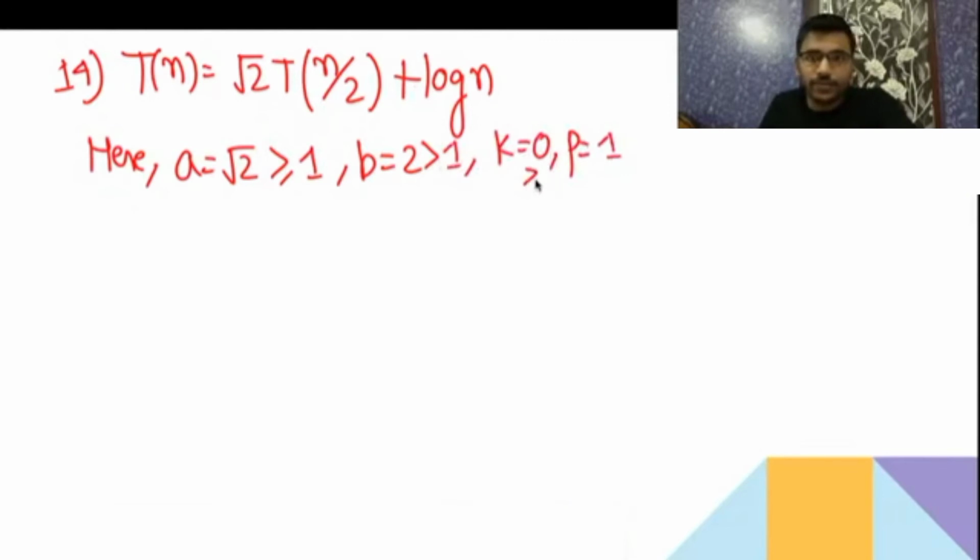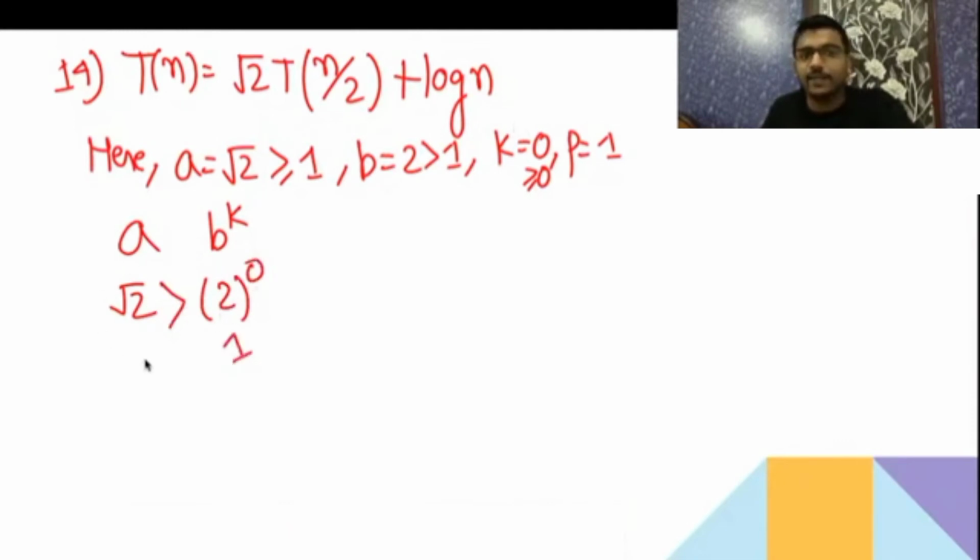So is 0 greater than or equal to 0? Okay, p is equal to 1. Now compare a and b to the power k. a is √2, b is 2, and k is 0, so b^k is 1. So a is greater than b to the power k, again the first case.